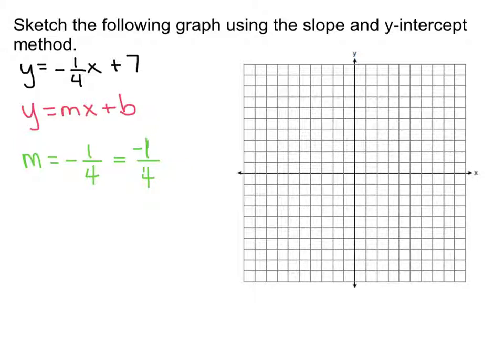So when it's time for me to get to the next point on the line, I'll be looking at it a little more carefully, and I'll be traveling 1 unit down and 4 units to the right.